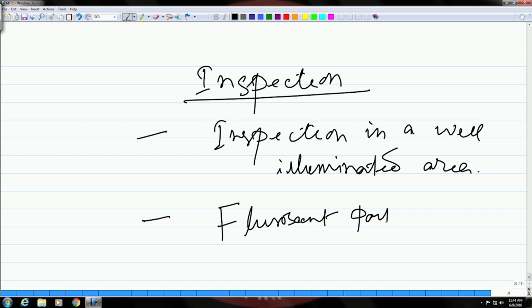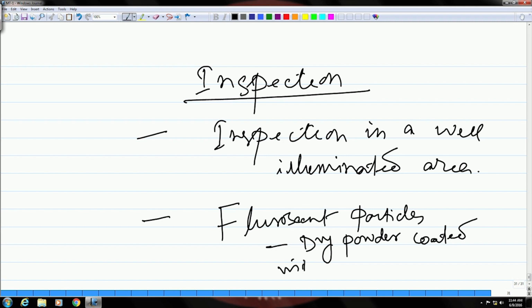So, these are primarily dry powder coated with a fluorescent material. In this case you need to do the inspection under UV light.